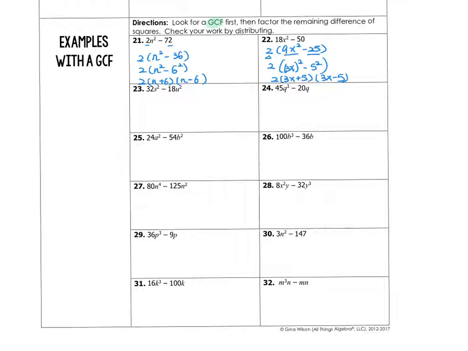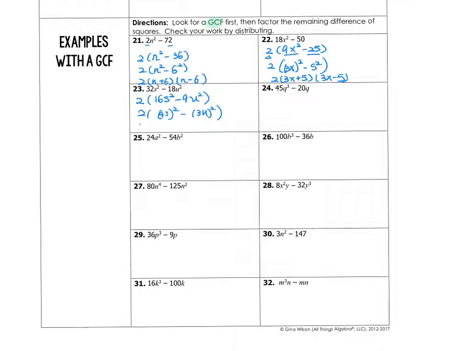Number 23, is there a 4? I don't think so. So, even numbers, I'm going to take 2 out. 32s squared divided by 2 is 16s squared. 18 divided by 2 is 9u squared. So if I rewrite the inside, I should have 4s squared minus 3u squared.